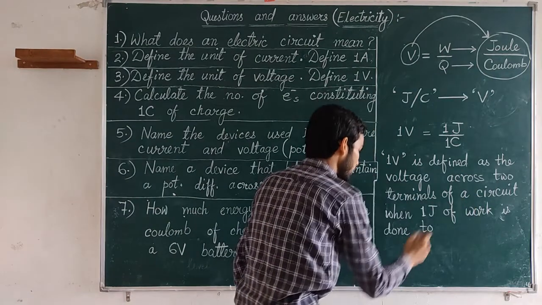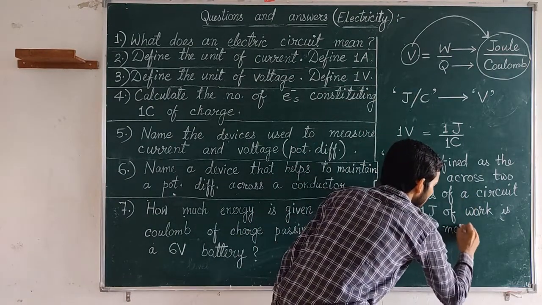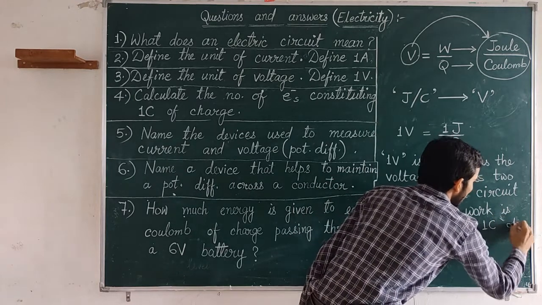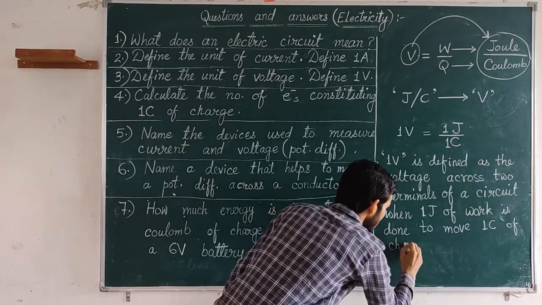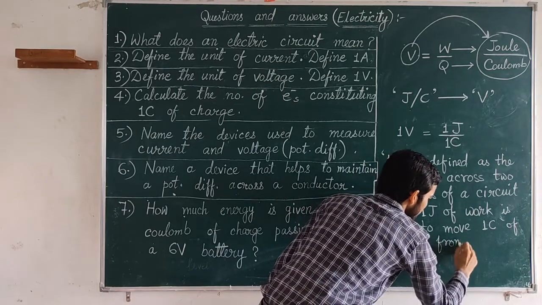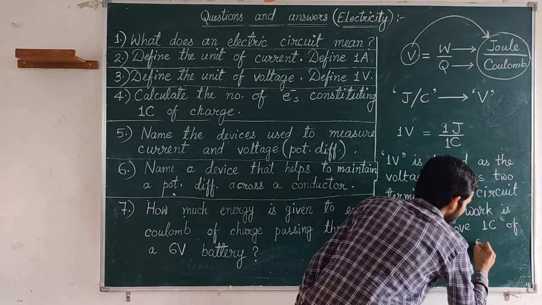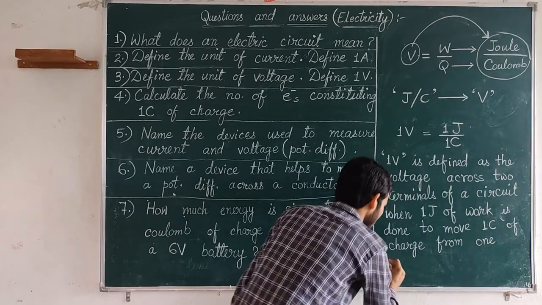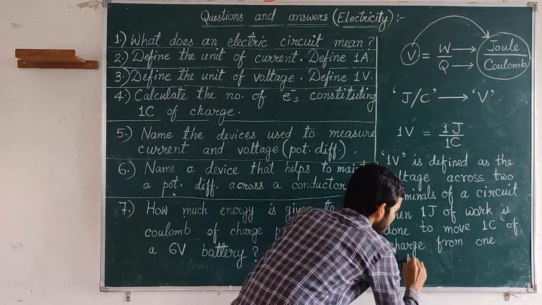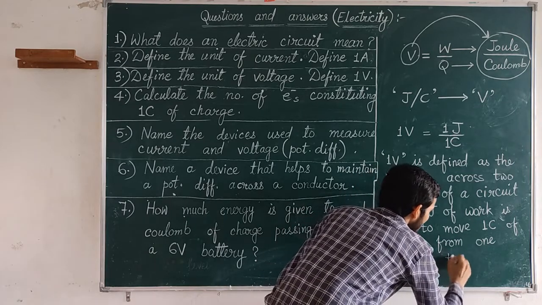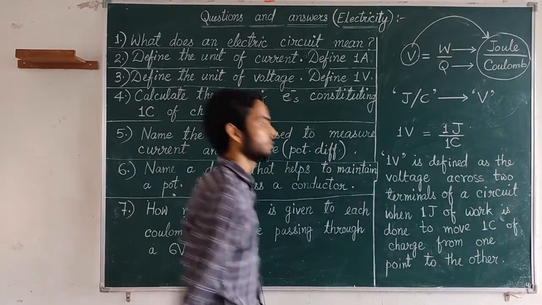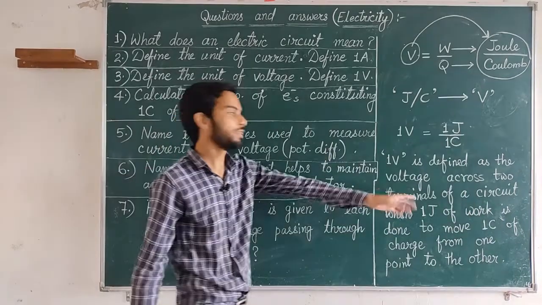When 1 joule of work is done to move 1 coulomb of charge from one point to the other, or one terminal to the other terminal. Okay, this is the definition of 1 volt.